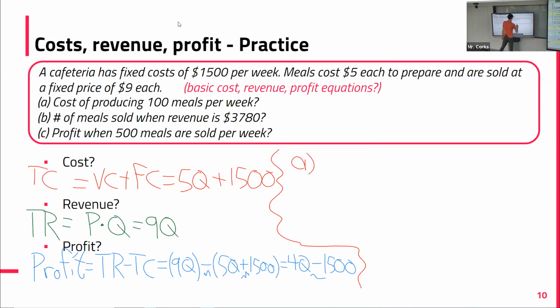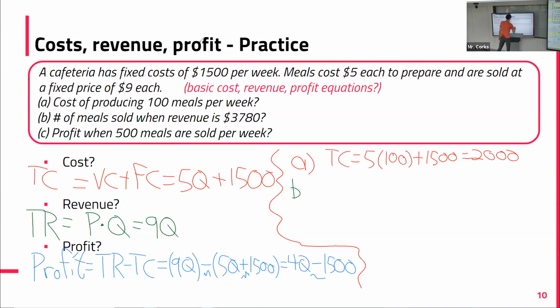So we just have our total cost. 5 times Q, and Q is 100, so 2,000. Okay, so there's total cost for 100 meals per week.